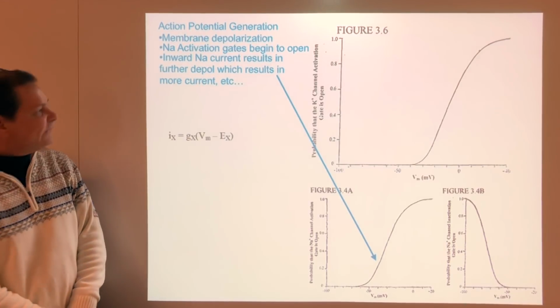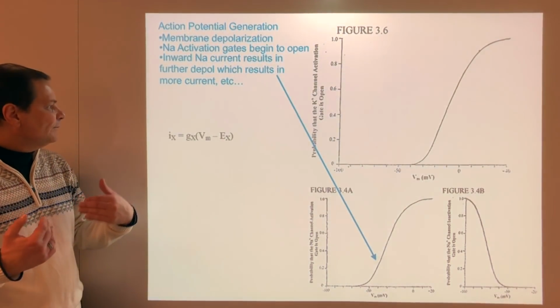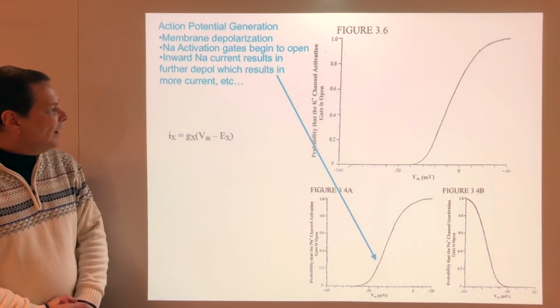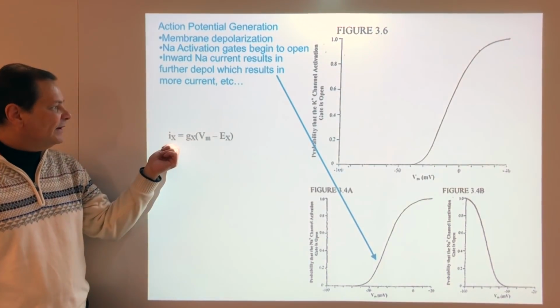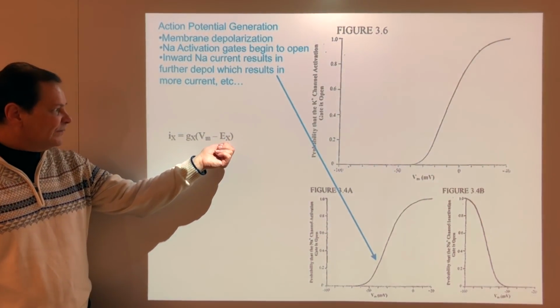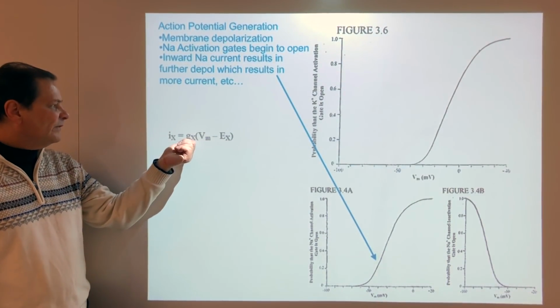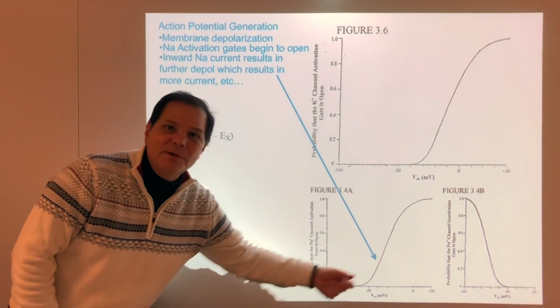Okay, so we get an inward sodium current that is positive charge coming into the cell. This is the equation which tells you what that current is. This membrane voltage minus the equilibrium potential for sodium, which is a pretty big number, times the conductance for sodium, which is proportional to how many channels you flipped open here.